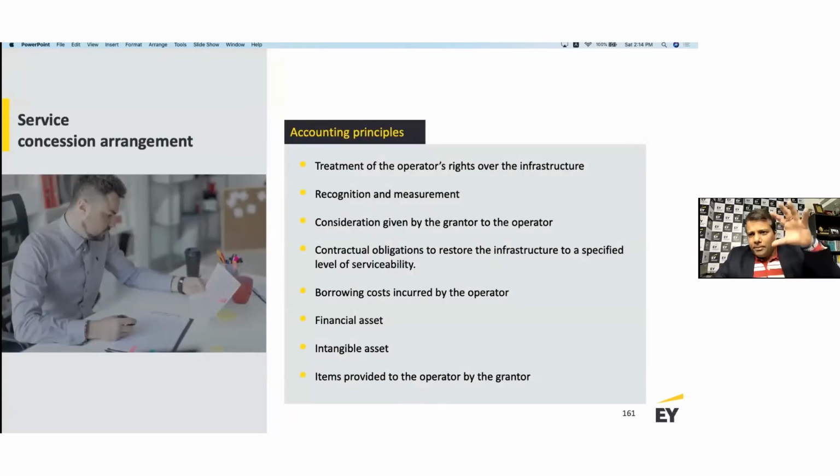So what are the things you need to look at? Treatment of the operator's right over the infrastructure. If I as an operator have that right, how do I account for it? How do I deal with recognition and measurement? Then the contractual consideration given by the grantor to the operator, and the grantor is the government.